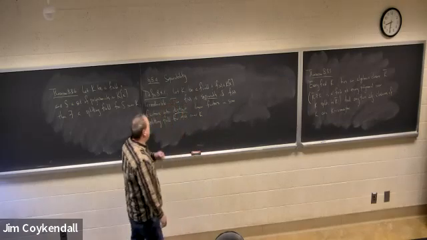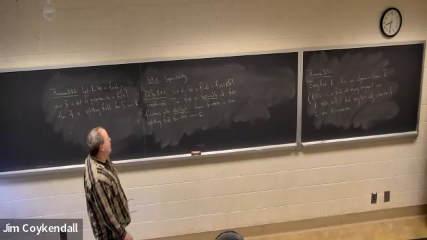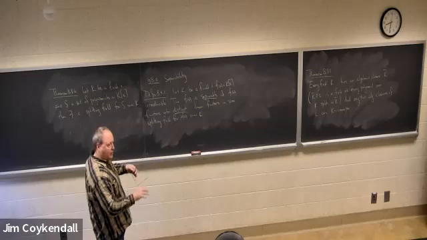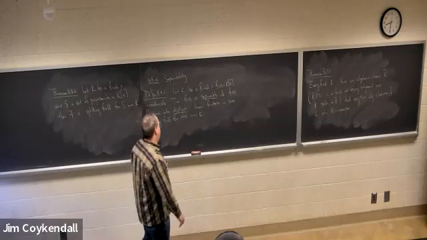So what it means for a polynomial to be separable is when you go to its splitting field. We know that we can go to a field that's big enough to where it splits into linear factors, and all the linear factors are different.